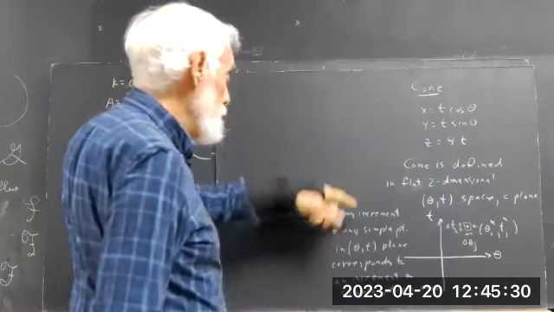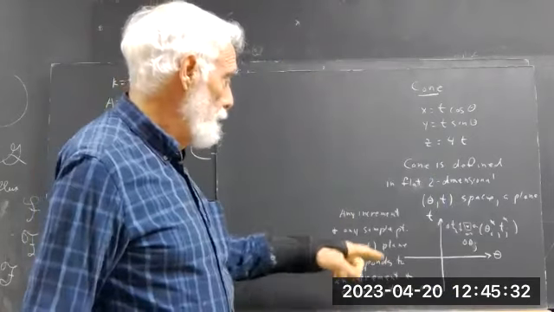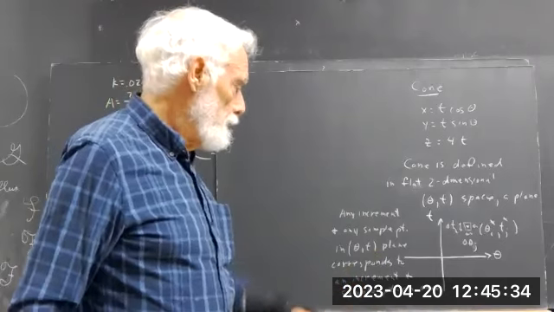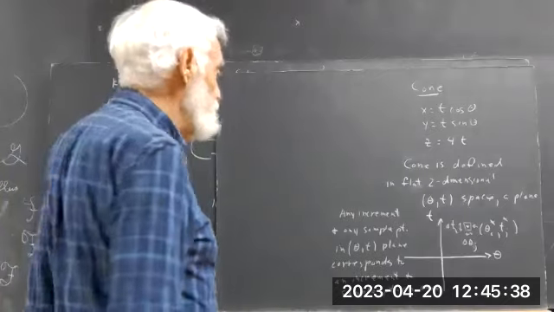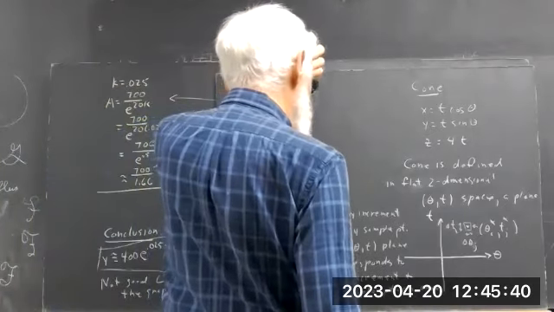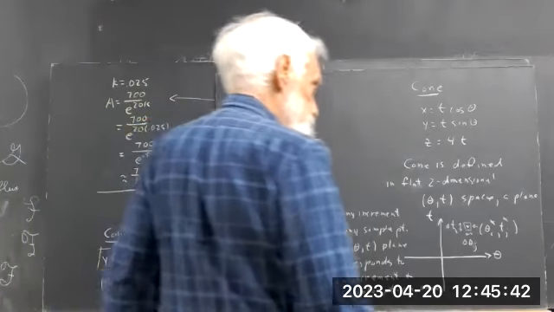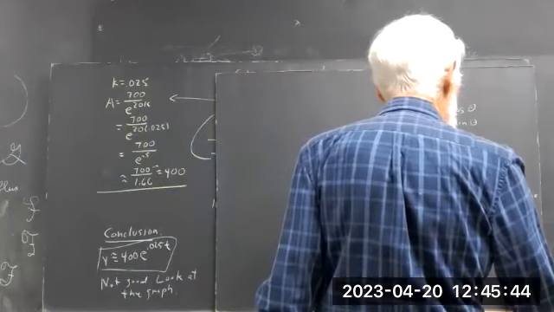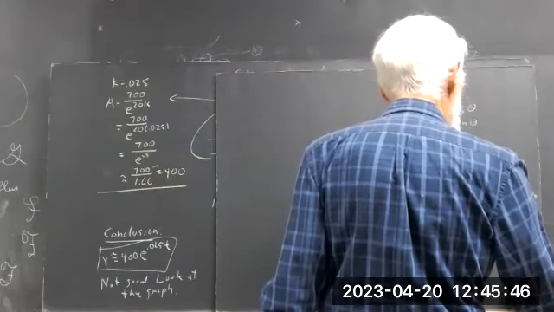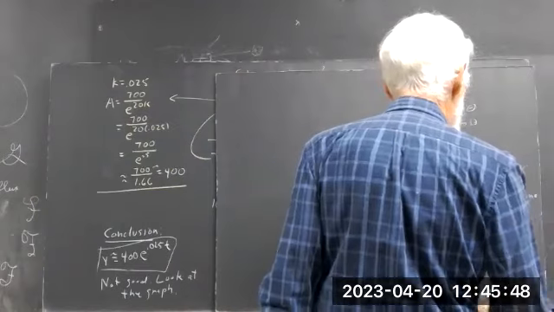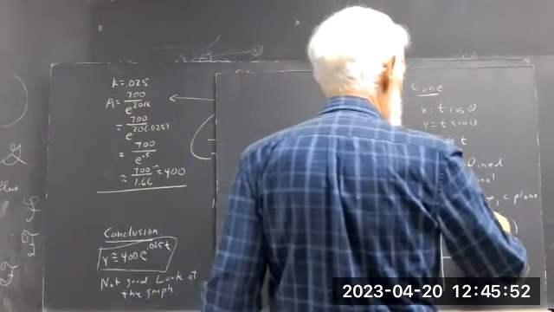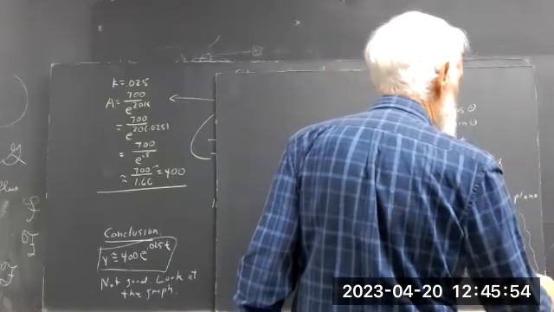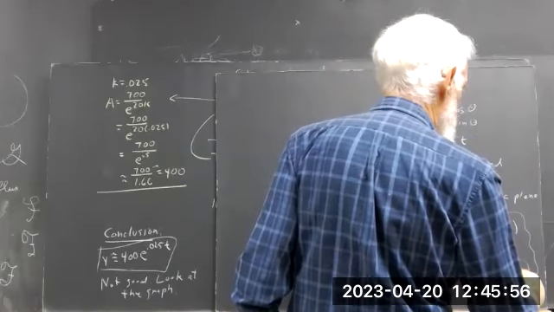Let's say any increment in sample point in the theta-t plane corresponds to an increment on the cone. So you've got your cone here, and this increment in the sample point maps over someplace on the cone.